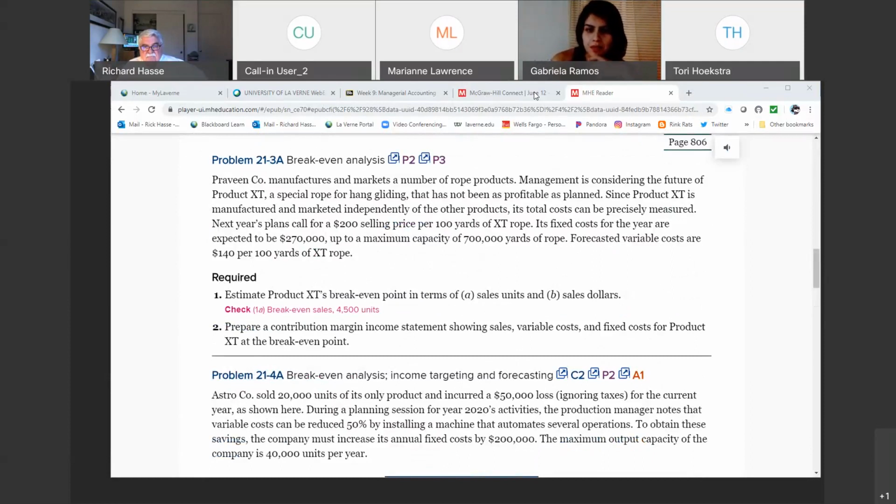Oh, okay. So to find the break-even point in sales dollars, you will have to get the units that we found in the break-even point, so the 4,500 units, and multiply it by the selling price of 200, and you will get 900,000. I was looking for more in the line of the contribution margin ratio calculation.